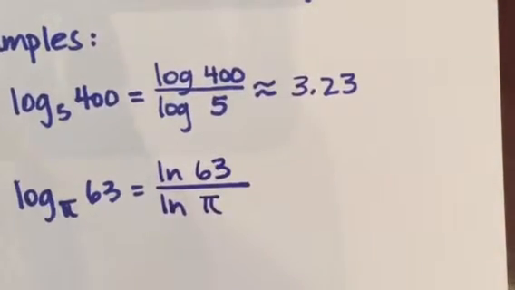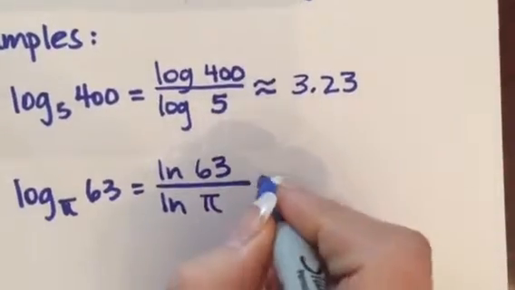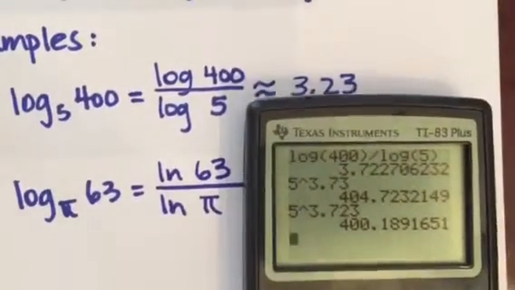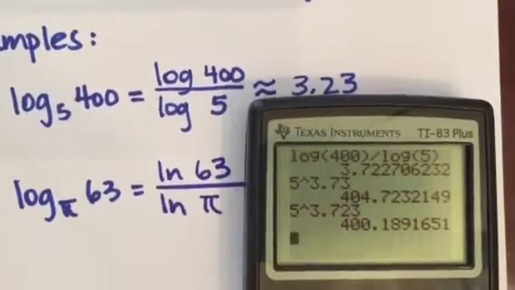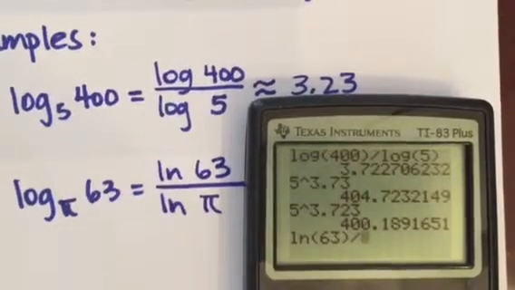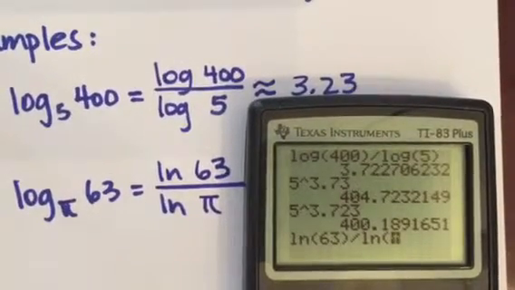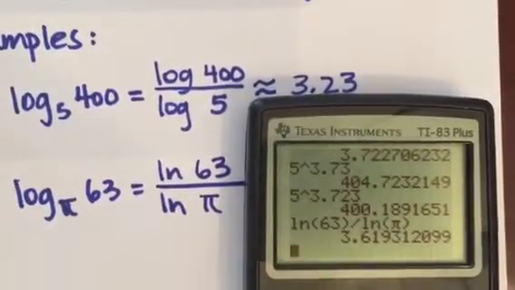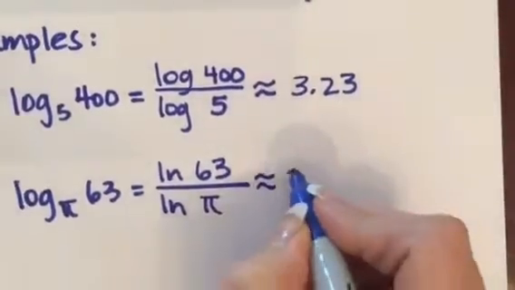And here is where we would want to get some kind of approximation so we can check ourselves in the calculator. Okay, so what is that approximately? Well, let's double check. ln of 63 divided by ln of pi gives us approximately 3.619.